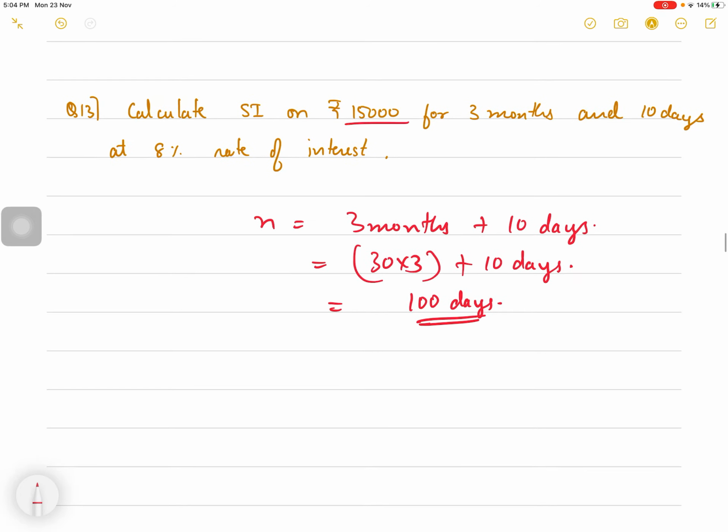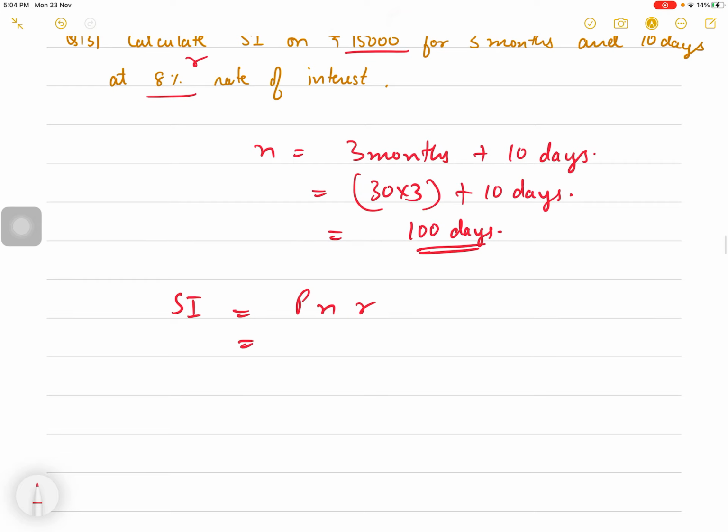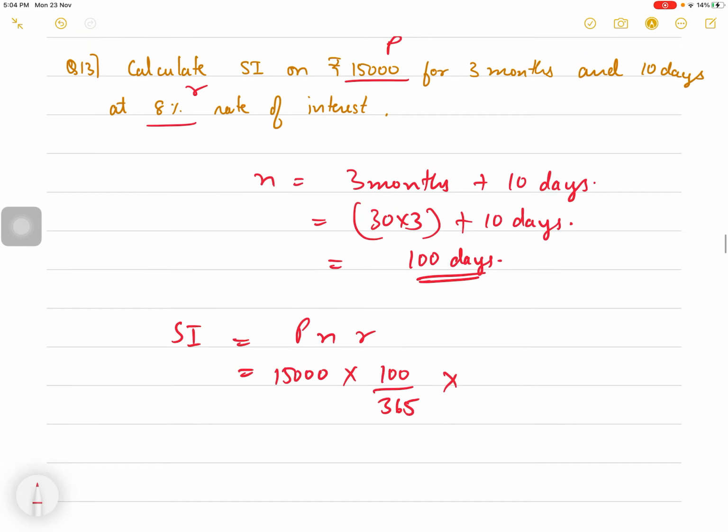So you know 100 days, principal is 15,000 and rate of interest is 8%. So simple interest is equal to P into N into R. Principal is 15,000. N is 100 divided by 365 and rate of interest is 8%, so 8 divided by 100.